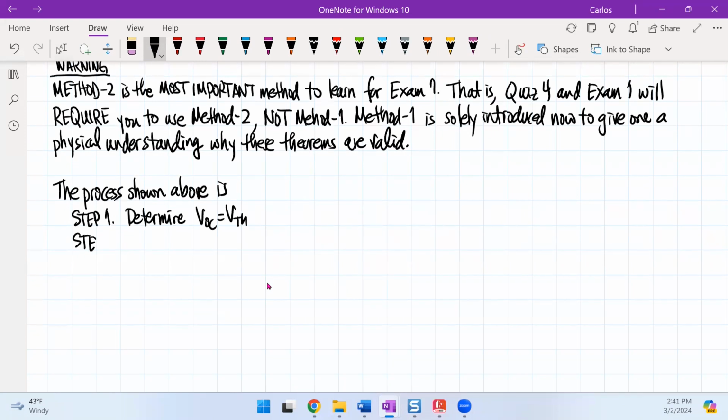Step 2, determine RTH using two different methods.